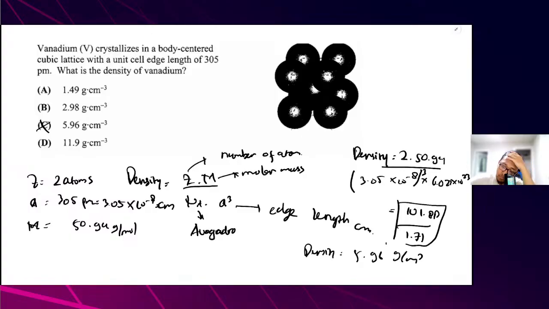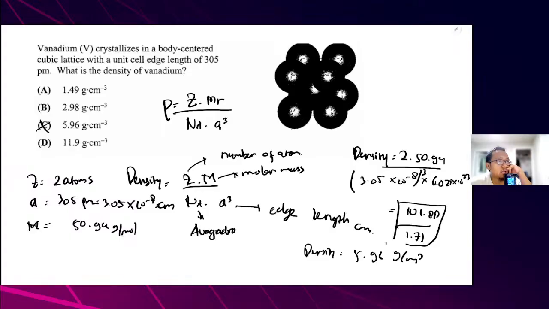So just remember the equation: density equals Z times molar mass divided by Avogadro's number times the edge length cubed. Wow, this is quite complicated.